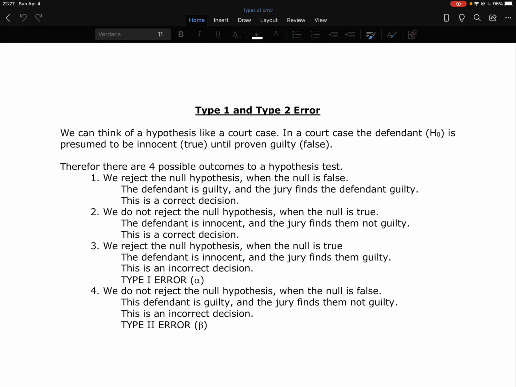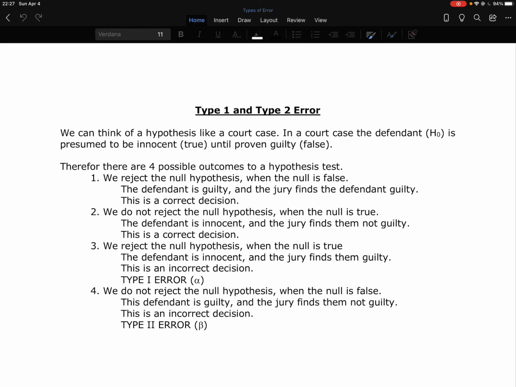The second possible outcome is that we do not reject the null hypothesis, and the null hypothesis is true. This is analogous to the defendant is innocent, and the jury finds them not guilty. That's another correct decision. The defendant did not commit the crime, and the jury says, yeah, dude, you didn't do it.